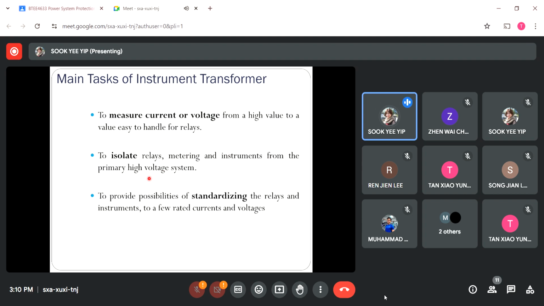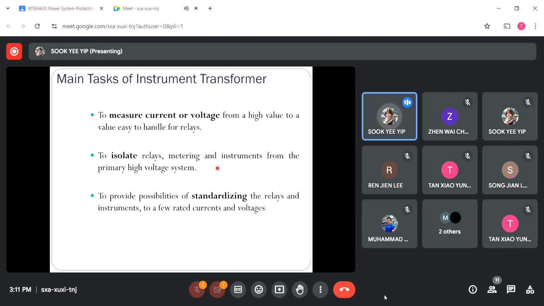The actual power system is connected to the primary circuit, which has a much higher voltage value. These low rating devices are unable to take such high voltage, so by using the instrument transformer, we are able to isolate them electrically. So that is the second function of the instrument transformers.